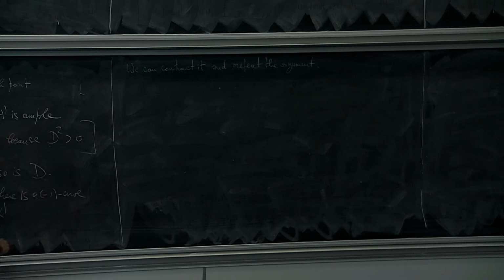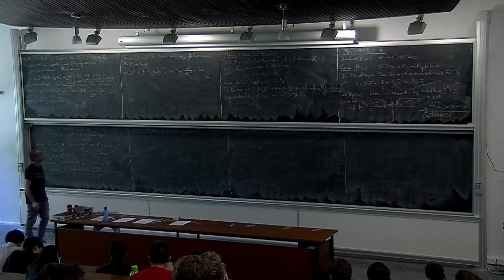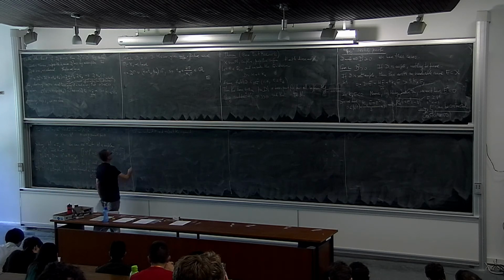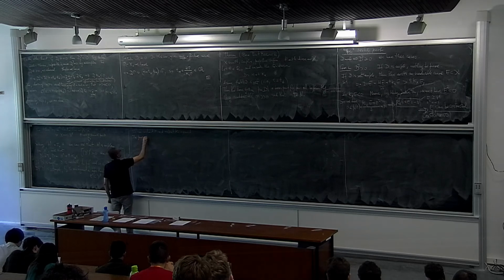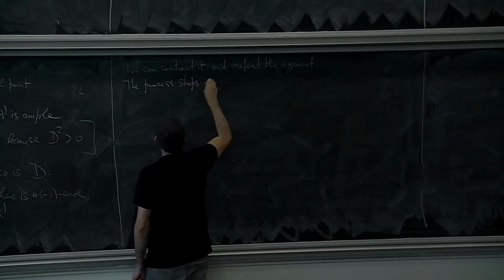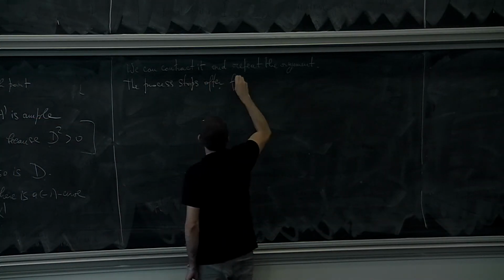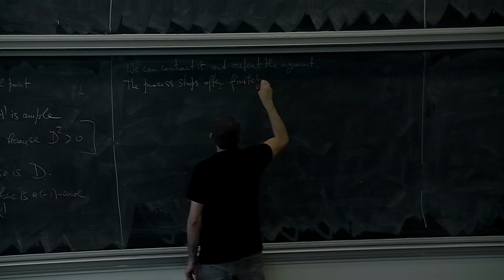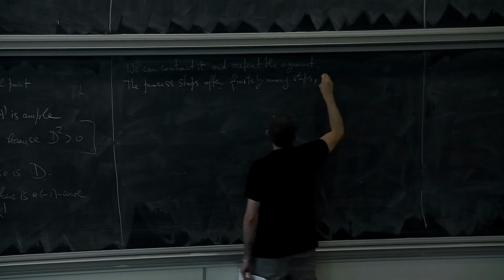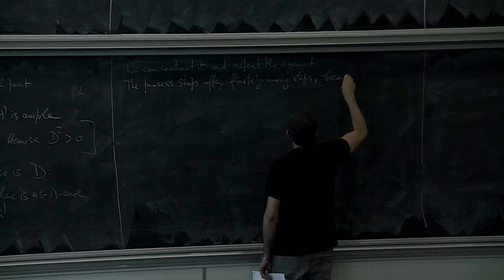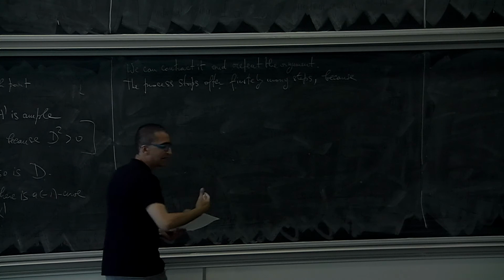So we are exactly in the same situation as before. We can contract it and repeat the argument. The process stops after finitely many steps because at each step the Picard number drops by 1.